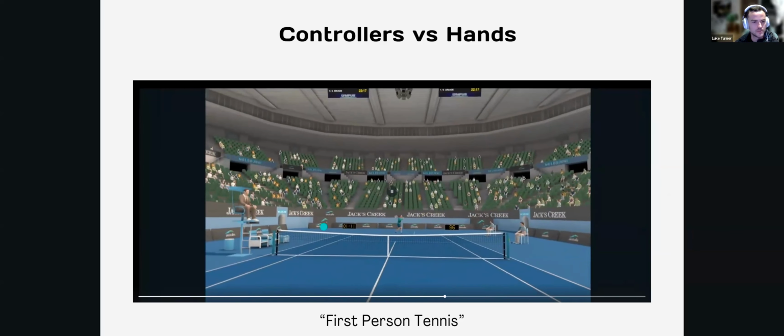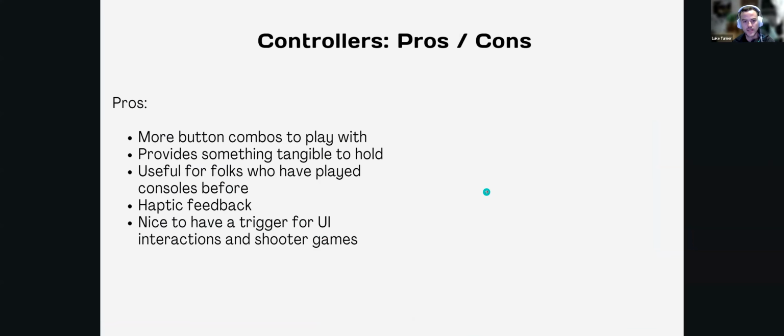With the controllers, you do have more classic gameplay elements, which can be really beneficial in some scenarios. Obviously you have a lot of button combos, and there's something physical to hold, like in that tennis example. If you're dealing with gamers or people who are experienced with consoles, that can potentially be a more intuitive experience if they're already used to that.